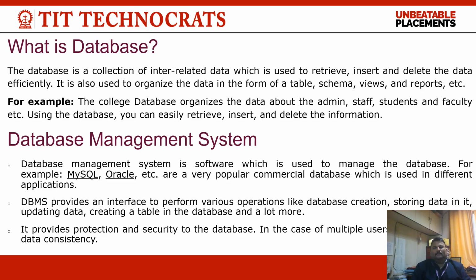So what is a table? A table basically consists of rows and columns where we can manage the data in a tabular manner, and each row is called an entity and each column is called an attribute or field. For example, a college database organizes the data about admin, staff, students, and faculty, etc. Using this database you can easily retrieve, insert, and delete the information of employees, staff, and students.